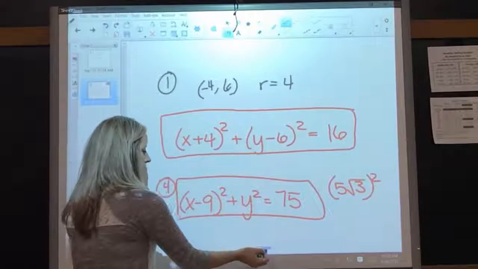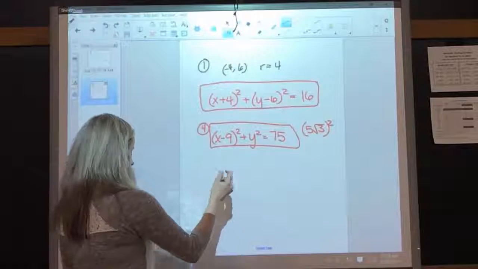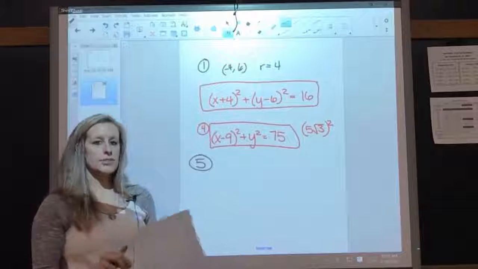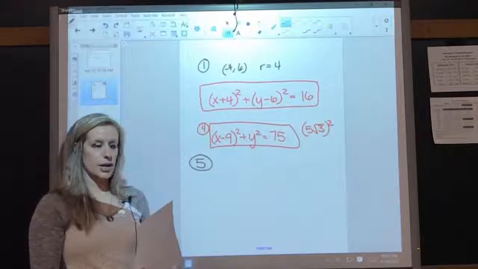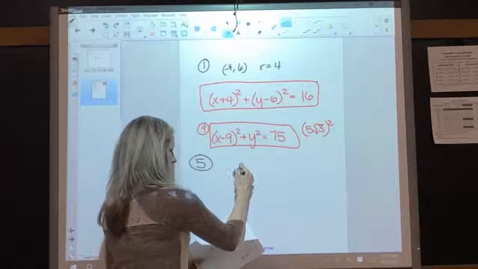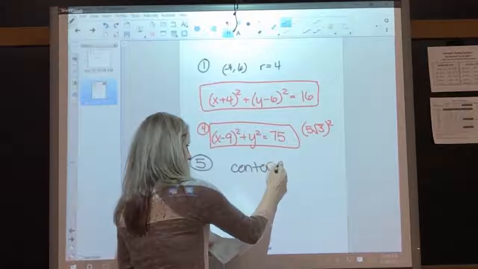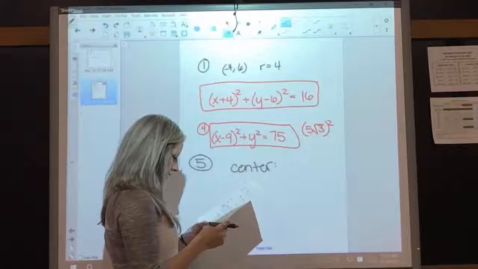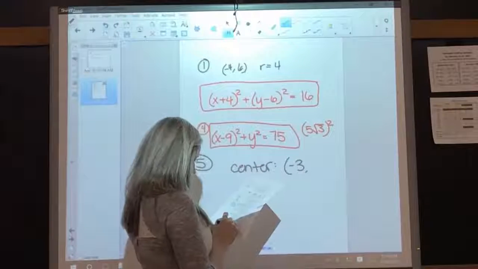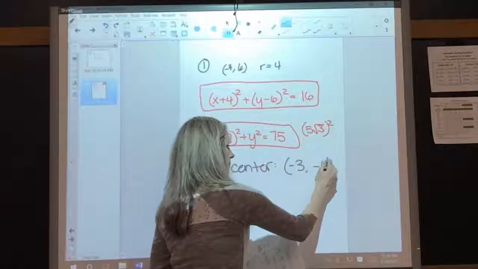So let's say you have a graph like number 5, and you want to write the equation for it. You have to find your center and your radius first. So on number 5 on that graph, my center is negative 3, negative 4.